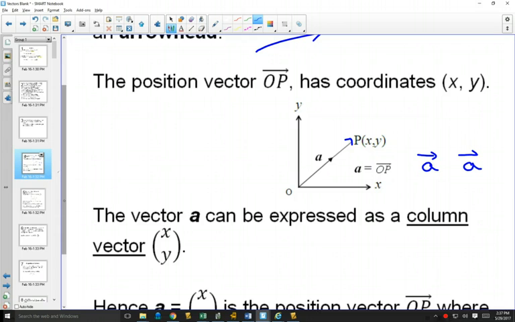And we can write our vectors as a column vector, sort of like a column matrix. We put our x on top and our y underneath. So for example, this vector here looks like it's gone over 4 and maybe up 5. Then we would write that vector as 4, 5.